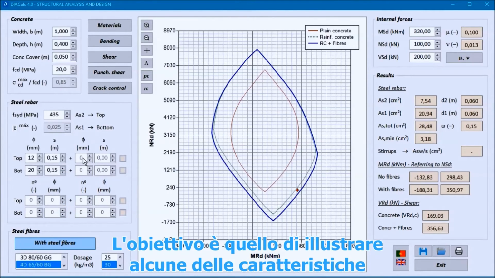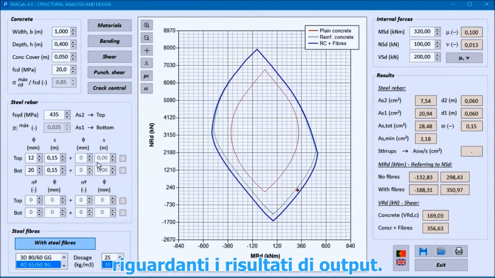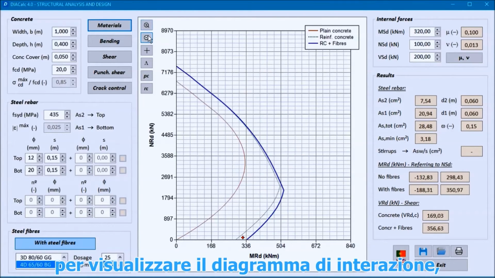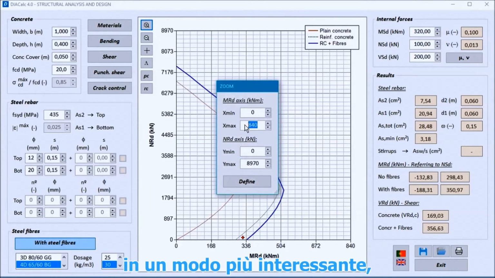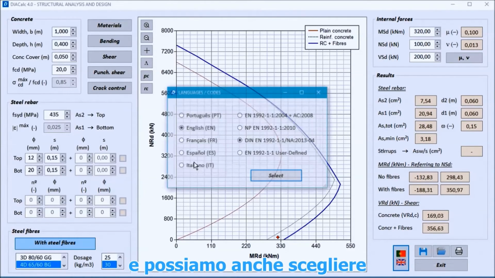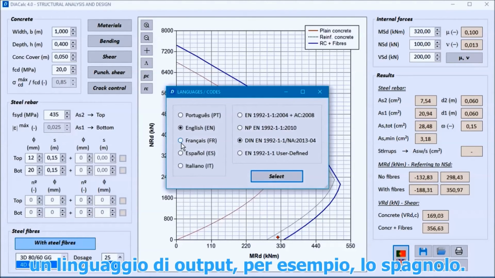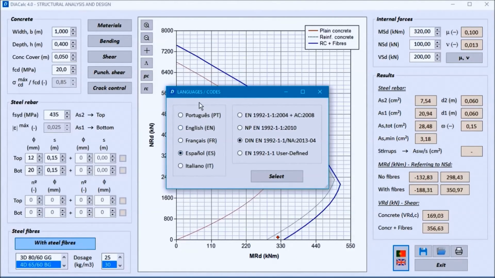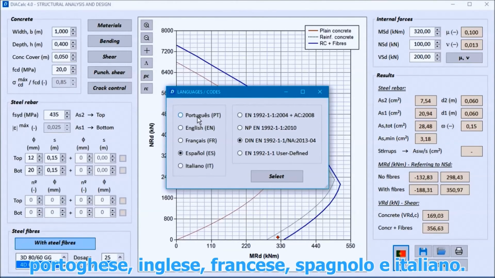The objective is to illustrate some of the features regarding the output results. We can adjust the zoom to display the interaction diagram in a more interesting way. And we can also choose an output language, for instance Spanish. It's important to refer that the output results can be presented in 5 languages: Portuguese, English, French, Spanish, and Italian.